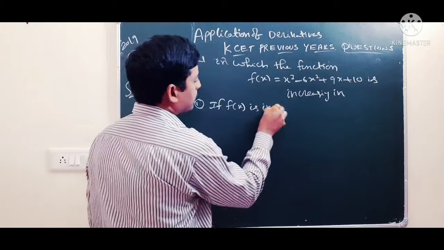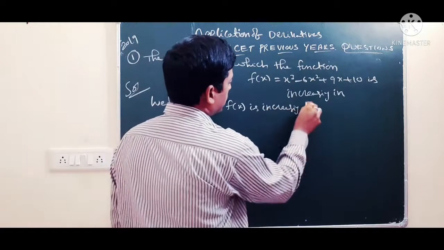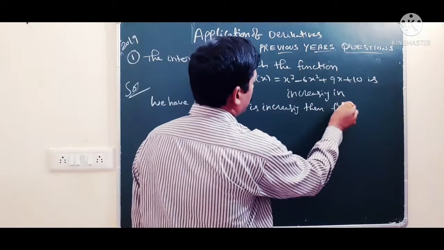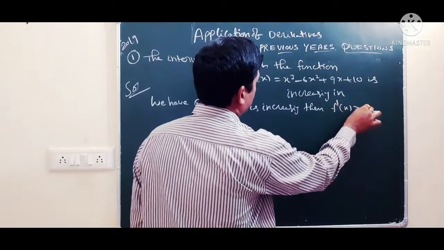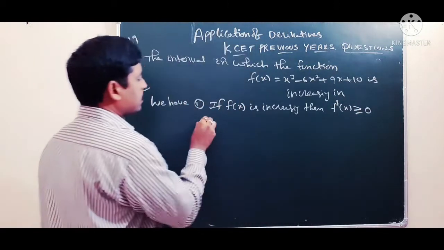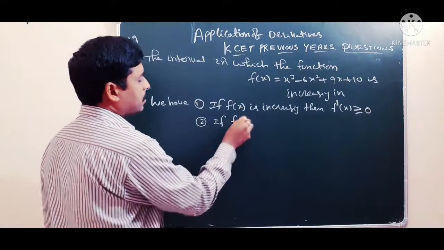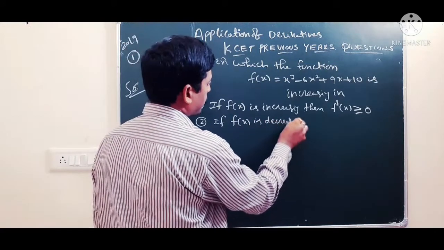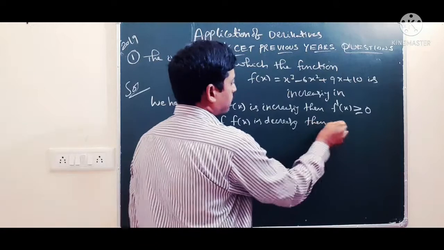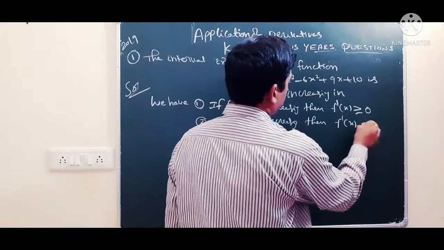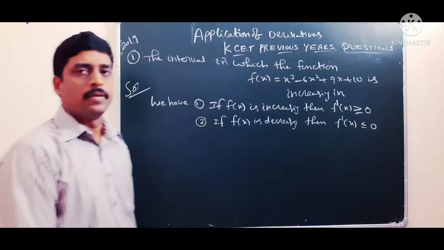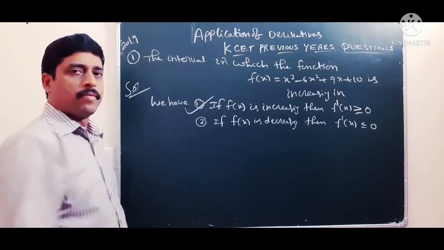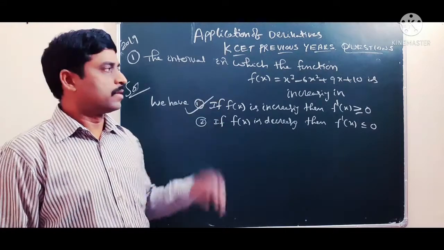The next formula: if f of x is decreasing, then f dash x should be less than or equal to 0. In this problem, we should apply the first formula.